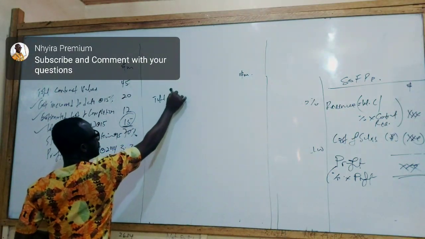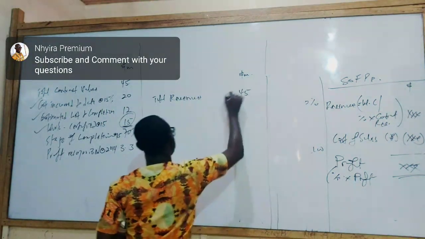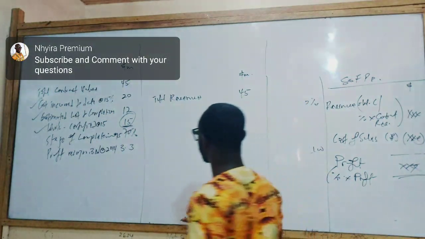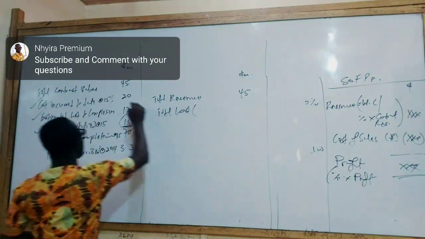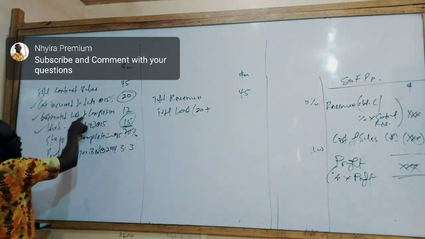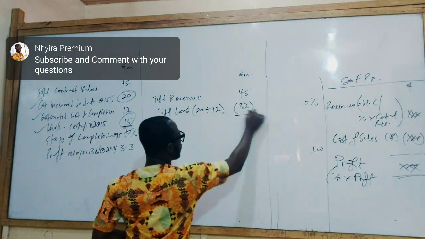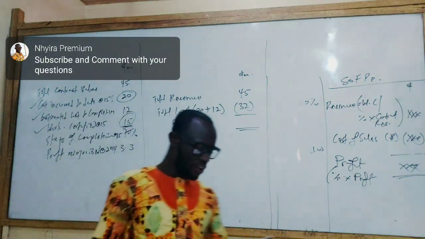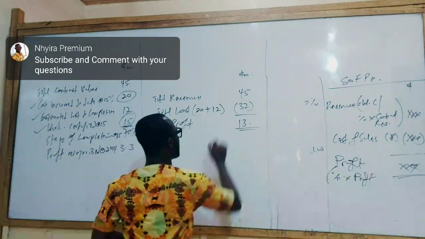The total revenue from the contract, how much do we have? 45, because we need to find out whether we are making a profit or loss on the contract. Then total cost. Remember, so far we've incurred a cost of 20 million plus estimated cost to complete, 12 million. And so that will be 32 million. So when we crunch the numbers, that gives us a profit on the contract of 45 minus 32, that will be 13 million.